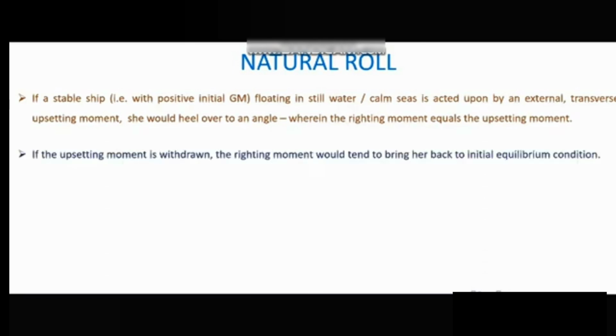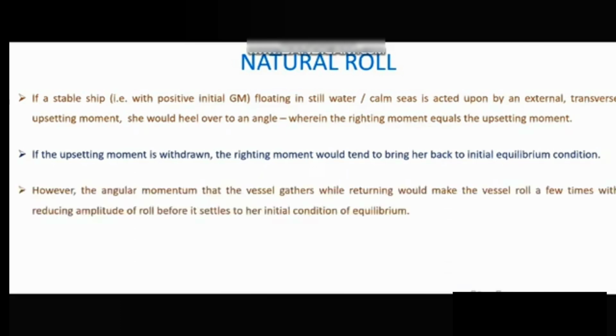The upsetting moment is now withdrawn. The righting moment would tend to bring her back into the initial equilibrium condition. However, the angular momentum that the vessel gathers while returning would make the vessel roll a few times with reducing amplitude of roll before it settles to her initial condition of equilibrium.